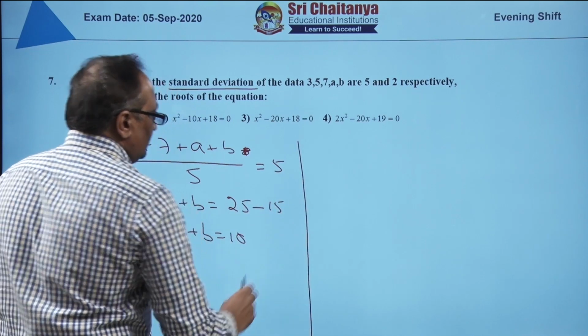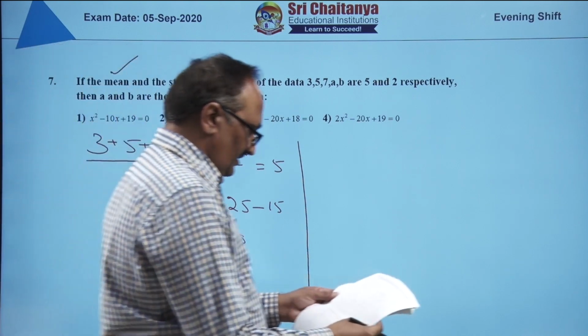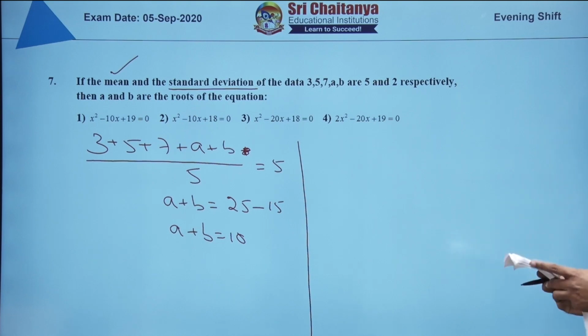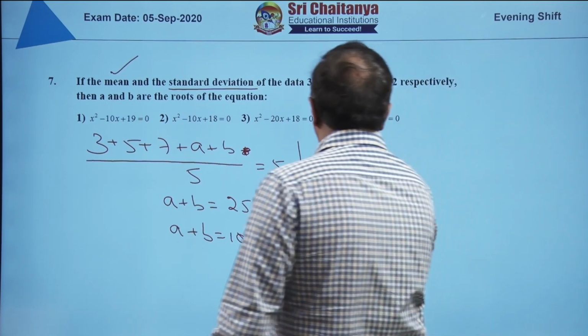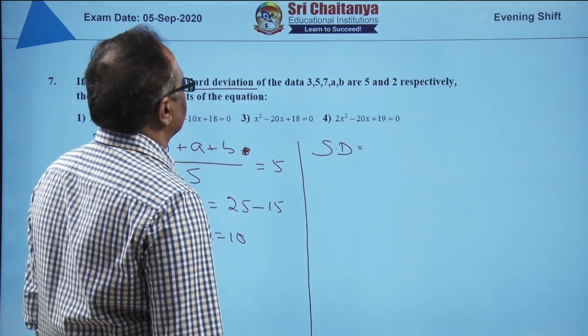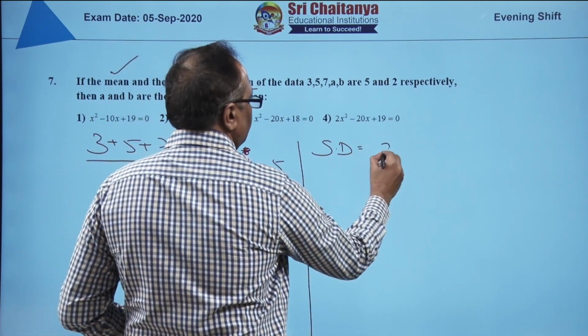And coming to standard deviation of this question, we know the standard deviation formula. Mean is given as 5, standard deviation is given as 2.